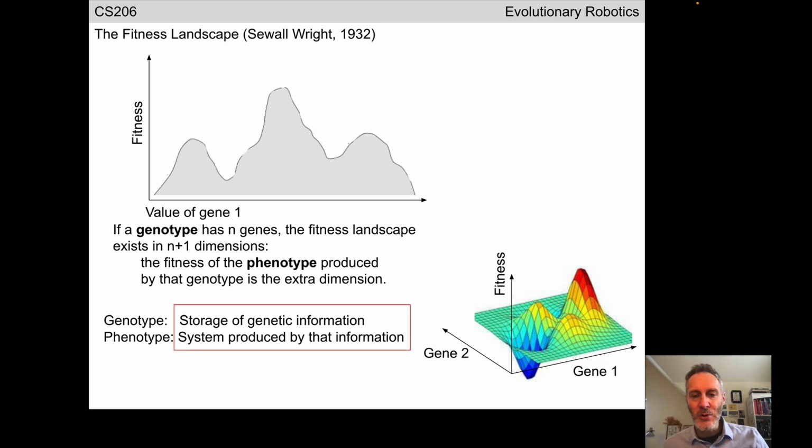Doesn't really matter for our purposes what the desired behavior is, but for different settings of that synaptic weight, the robot is going to do more or less well at whatever it is we want it to do. And we remember we're always boiling that down to a single fitness value. That's the vertical axis. So in this cartoon example here, whatever the value of this synaptic weight is, the robot is doing a poor job at that task.